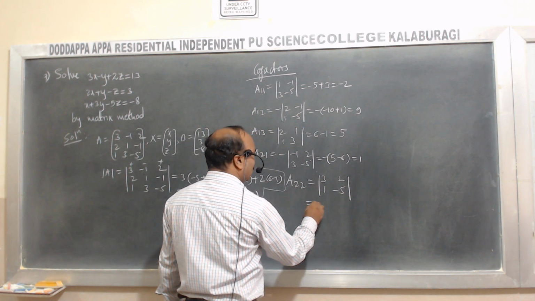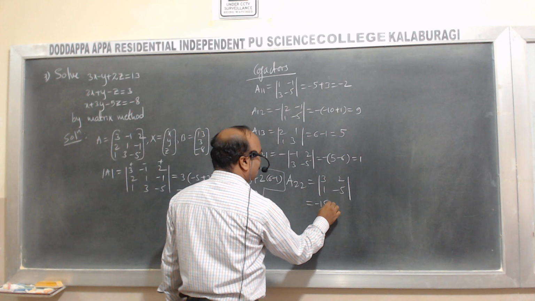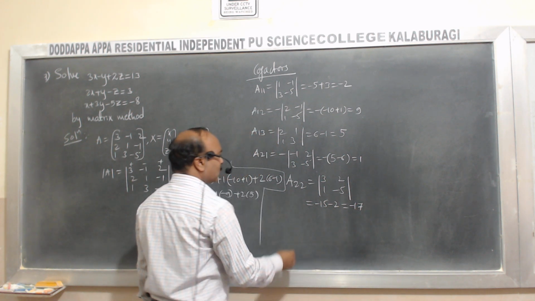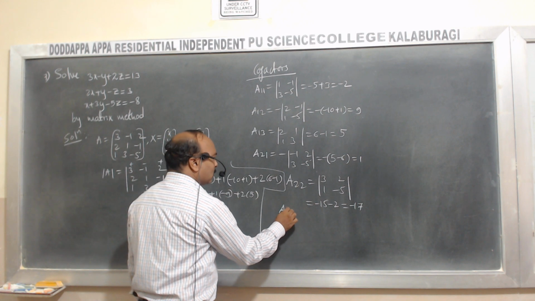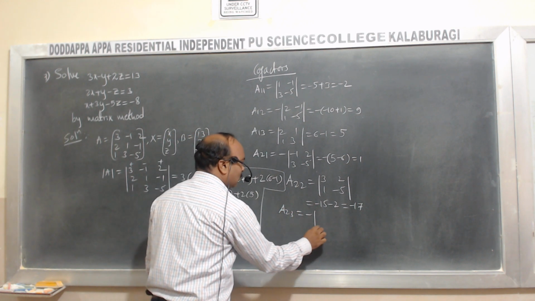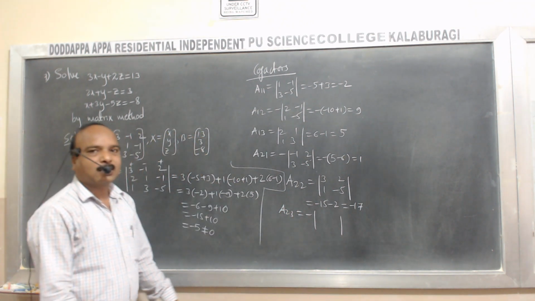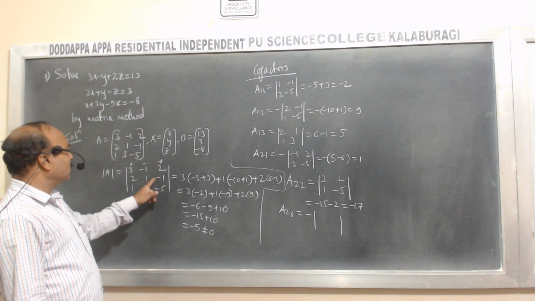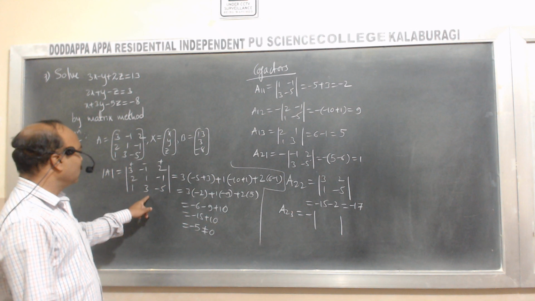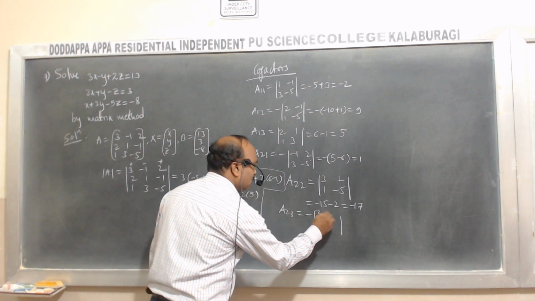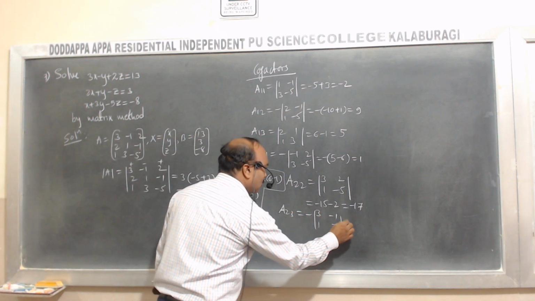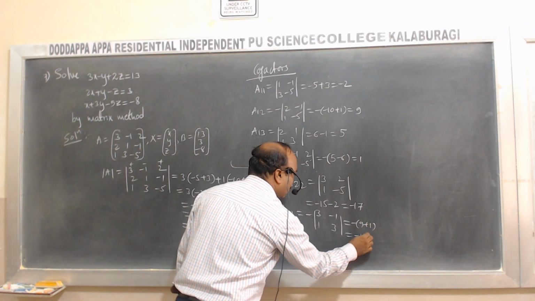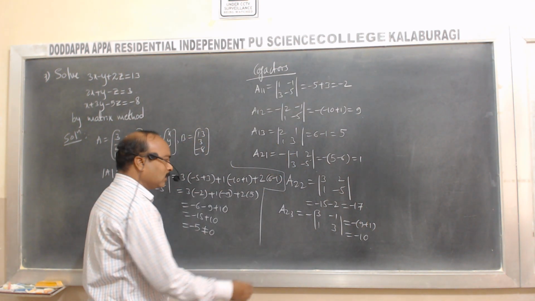So it is equal to minus 15 minus 2, it is minus 17. Next A23, minus of the determinant because again it is an odd number. Deleting this column and this row we get 3 minus 1, 1 3. So it is minus of (9 plus 1), minus 10.